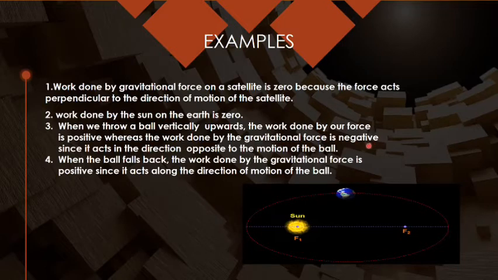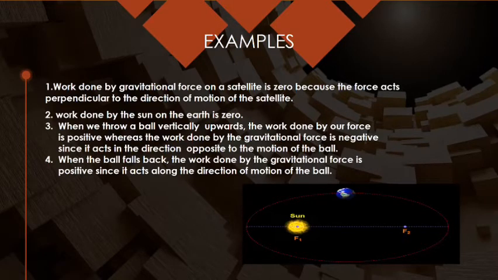So you can be asked various questions where you have to decide whether the work done is positive, negative or 0. Like when the ball is falling back, the work done by the gravitational force is positive because the direction of the ball as well as the gravitational force becomes the same. So you have to see in which direction the force is acting and in which direction the body is moving.